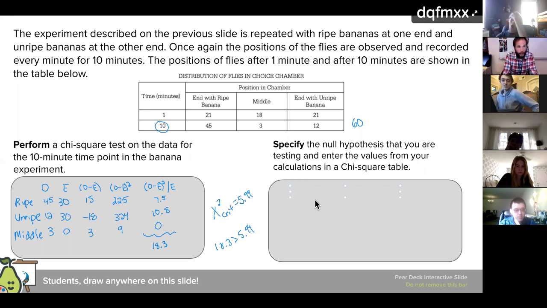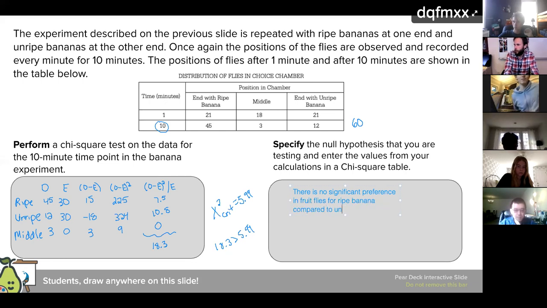So if we had posed a null hypothesis, there is no significant preference in fruit flies for ripe banana compared to unripe banana. That works, right? There's no difference, there's no relationship, there's no effect. You can phrase it however you like.